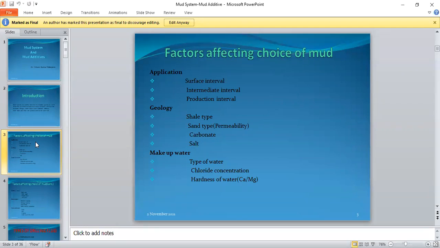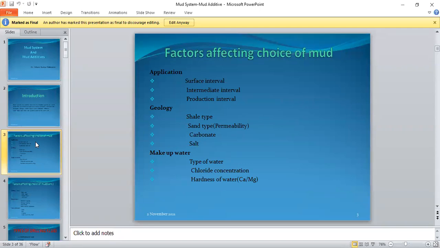Once you start to drill, we call it spudding, S-P-U-D-D-I-N-G. As you start, it's called spudding. Once you spud the well, you're drilling the surface interval.